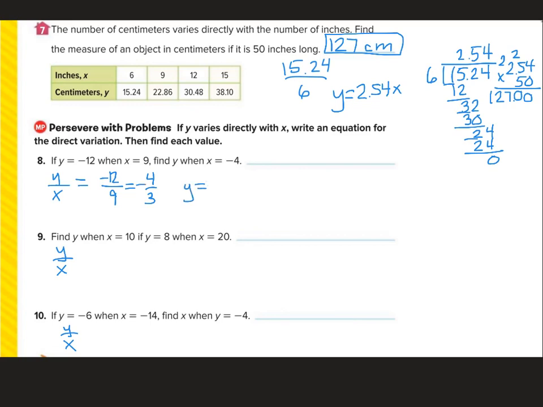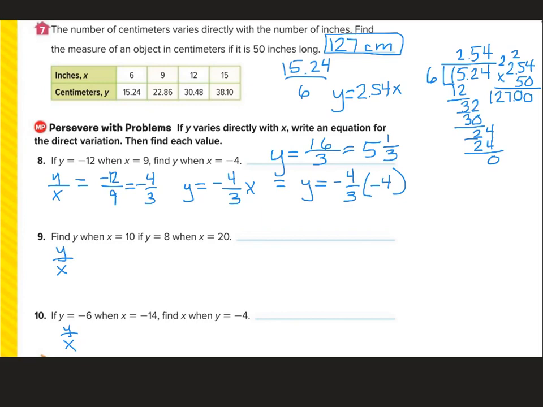So y is going to equal negative 4/3 x. If I substitute a negative 4, I would get y equals negative 4/3 times negative 4. Negative 4 times negative 4 is positive 16, so I would get 16 over 3. I can simplify 16 over 3 to a mixed number. 3 goes into 16 5 times with 1/3 left over, so it's 5 1/3.